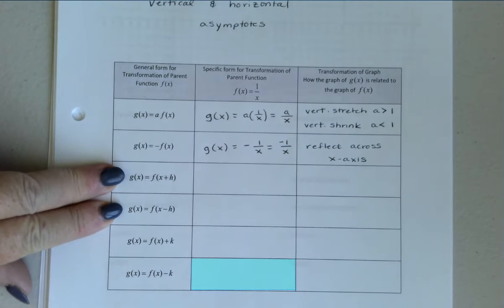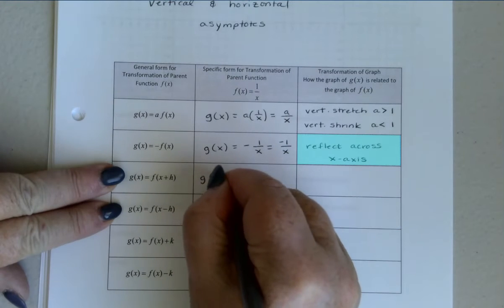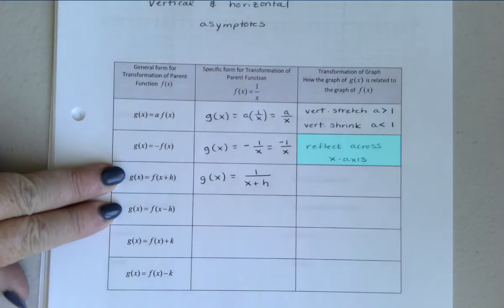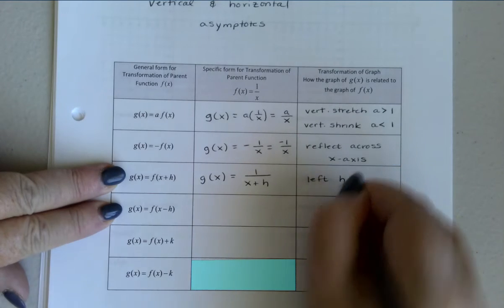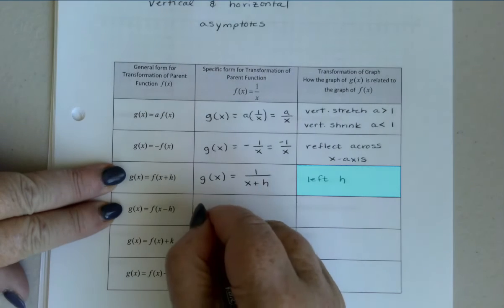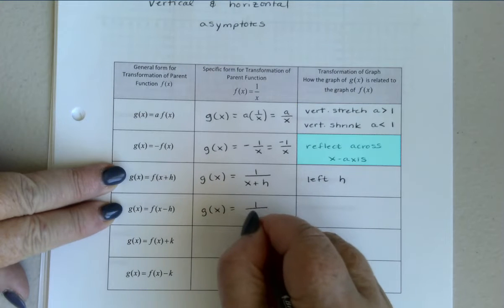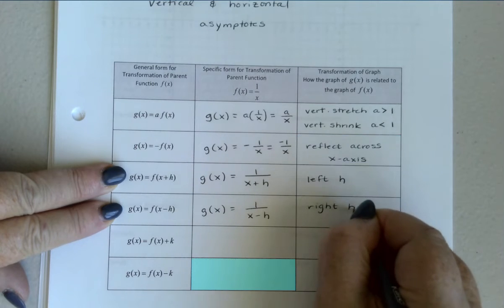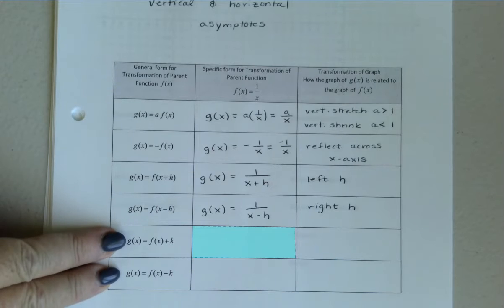All right, there's our two horizontal shifts. If I replace the x with x plus h, I know my graph goes to the left h units. And if I replace the x in the parent function with x minus h, we've seen before that that's going to shift our graph to the right by h units. And then the last two are our vertical shifts.